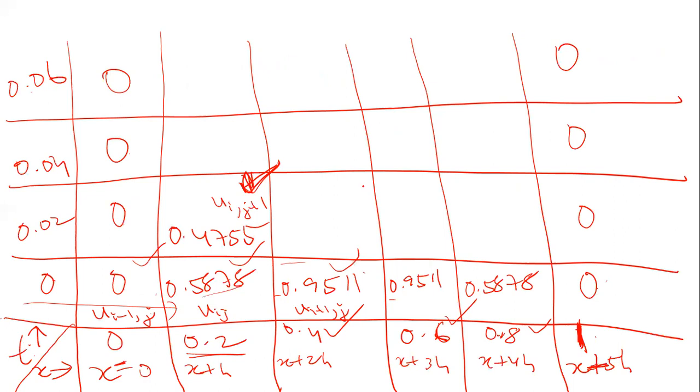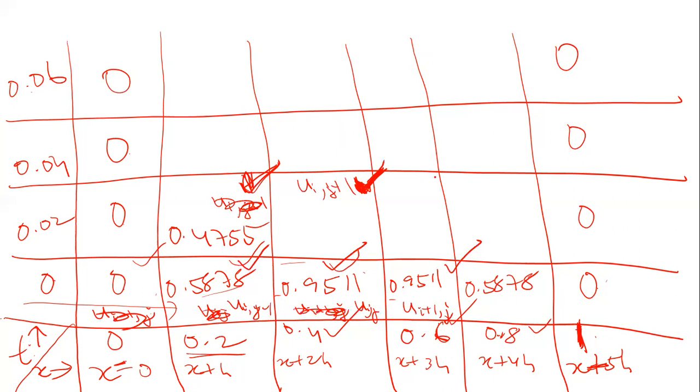Now let us try to obtain the value of your function at this particular cell. In order to find this, you will consider this as your uij plus 1 cell, and you will consider this as your uij cell, and this will be your ui plus 1j cell, and this will be your uij minus 1 cell. So from the values of this, this, and this, you can calculate this value.